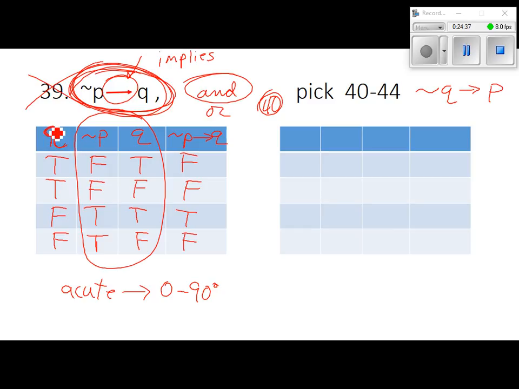Q. What's going to go here? Not Q. They didn't tell us anything, like Q is this or P is that, right? So it's this again. Oh, I'm sorry, I should have changed this. That's not Q implies P, just the letters moved around.